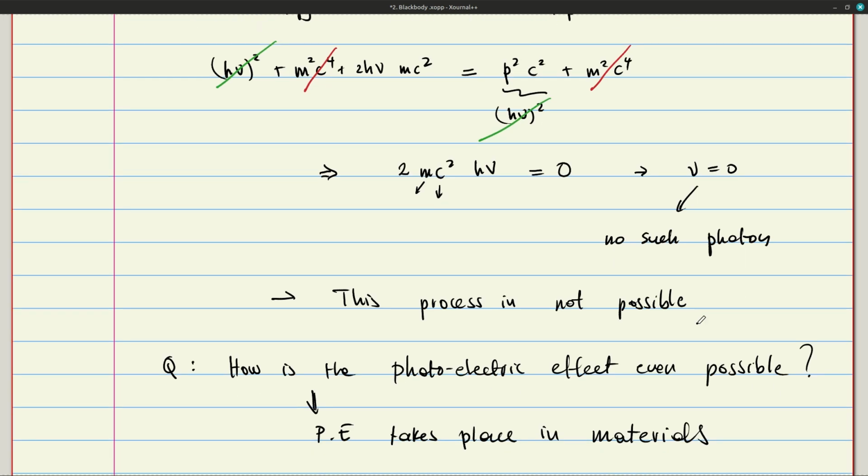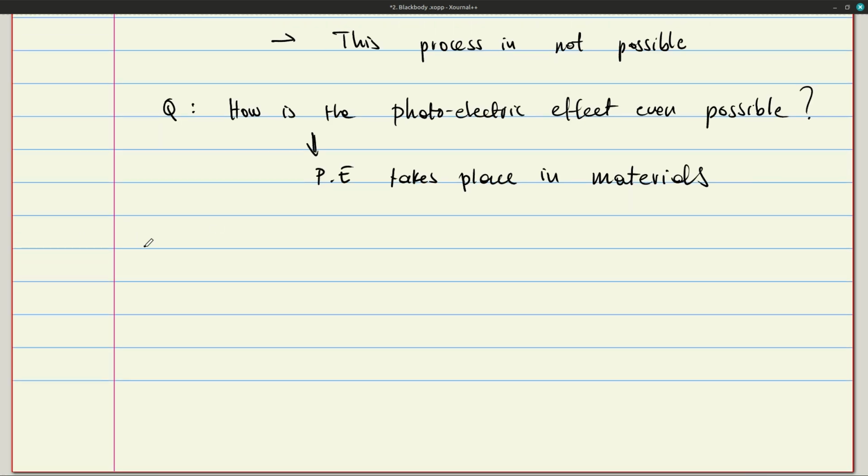So now let's do pair production. In the case of pair production, what happens is a photon comes in, and there's nothing else, but suddenly an electron and a positron emerge.